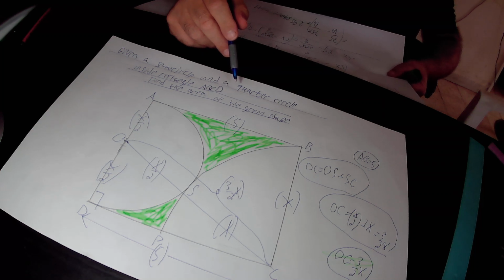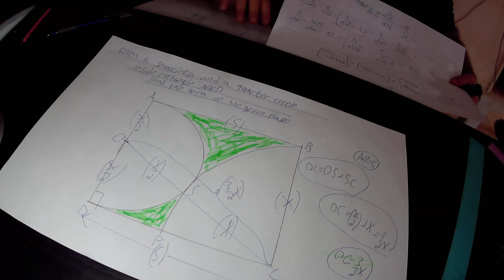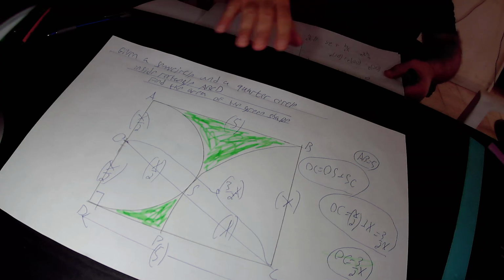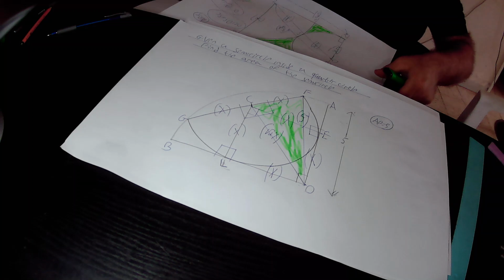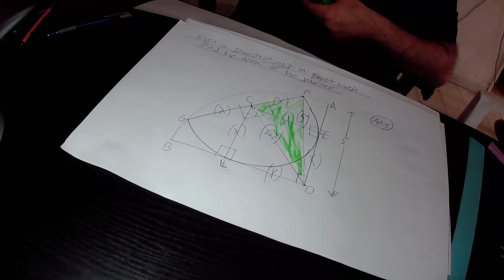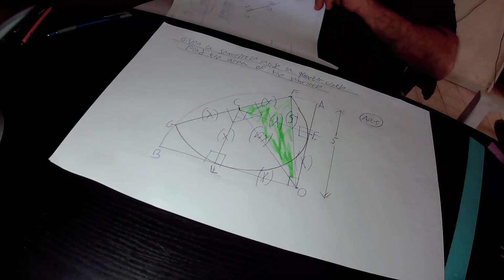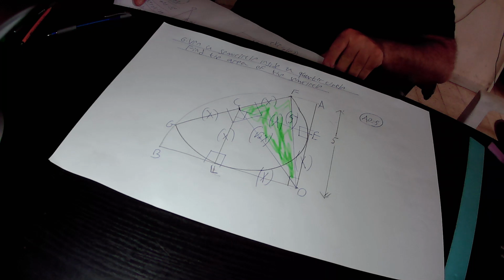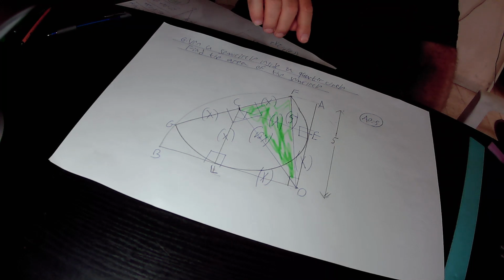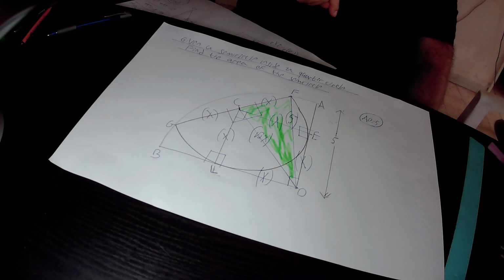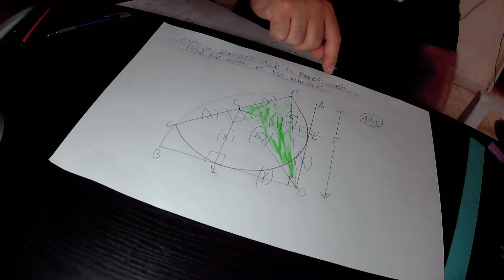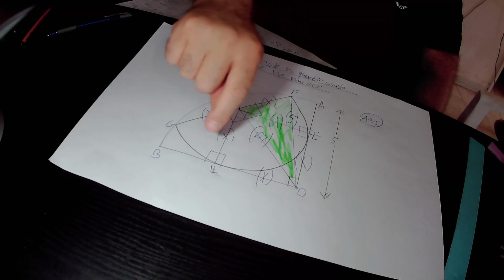We start with the first question, of course. In the first question, our mission was to find out the area of this semicircle that is inside this quarter circle AOB.